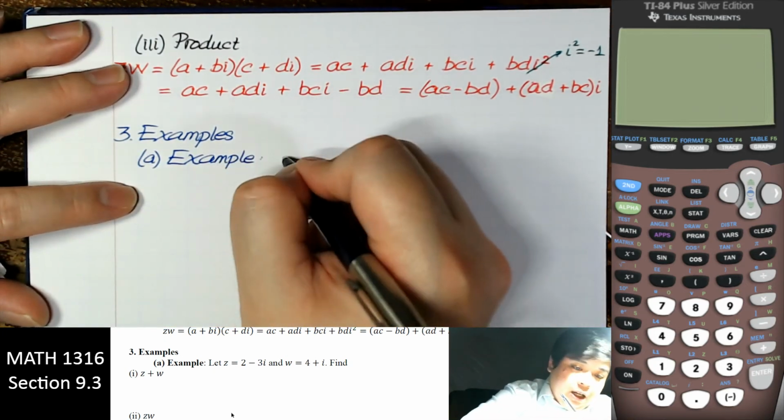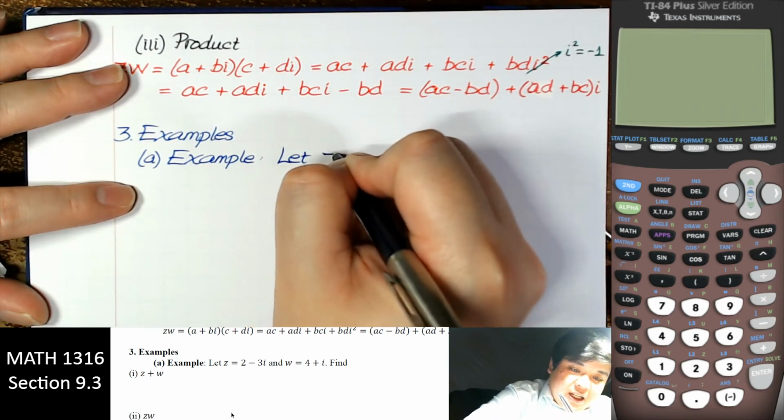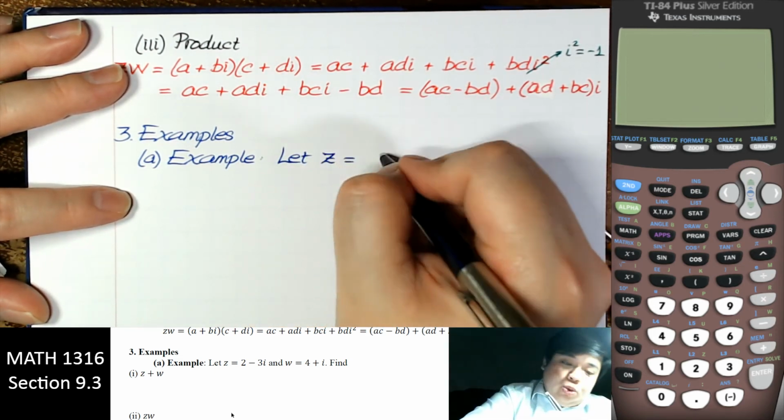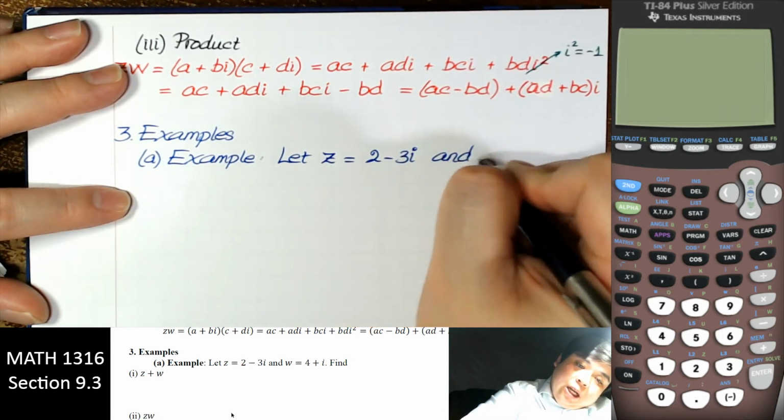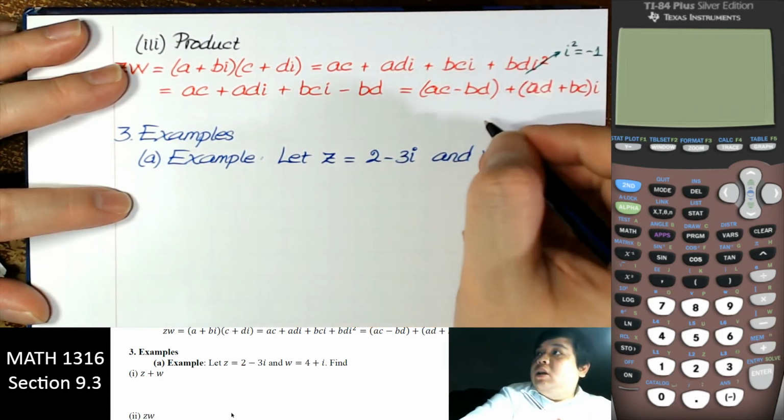So first let z equal 2 minus 3i and w equal 4 plus i.